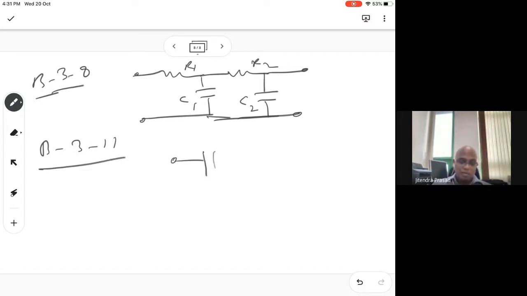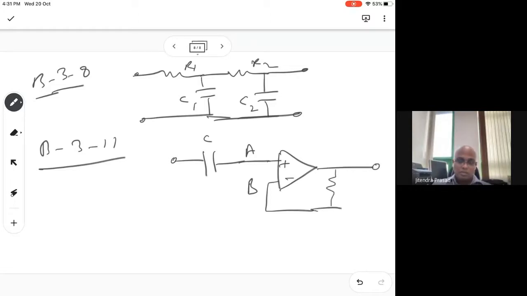So we have a capacitor C here, and then an op amp here, so plus minus, this is A, this is B, R2, R3, E naught.